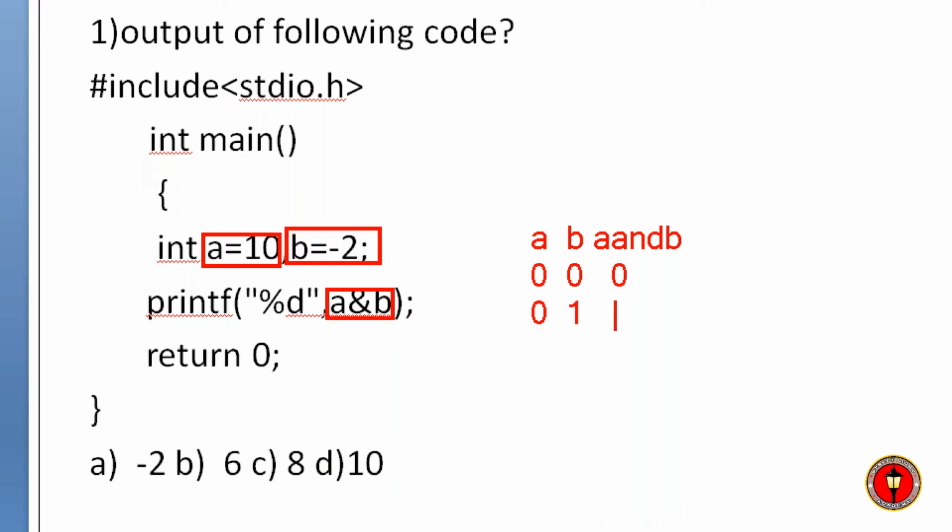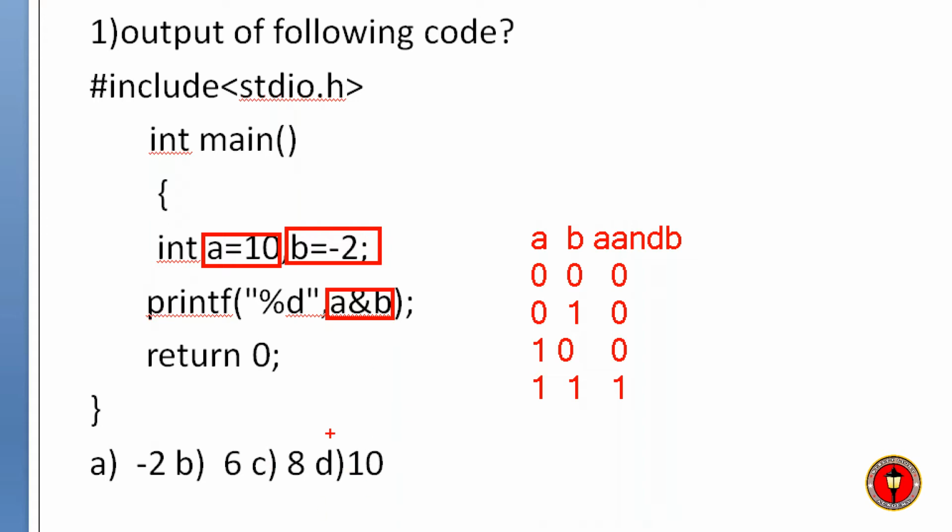And 0 and 1 is also 0. And 1, 0 is also 0. And 1, 1 is 1. That's all. So when both inputs are 1, the output will be 1, and in the remaining cases the output will be 0. Okay. But see, these 10 and minus 2 are decimal numbers, but AND is a bitwise operator.